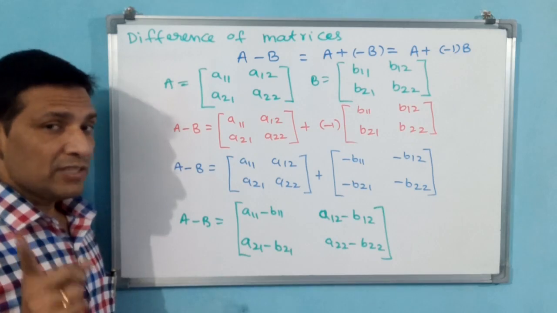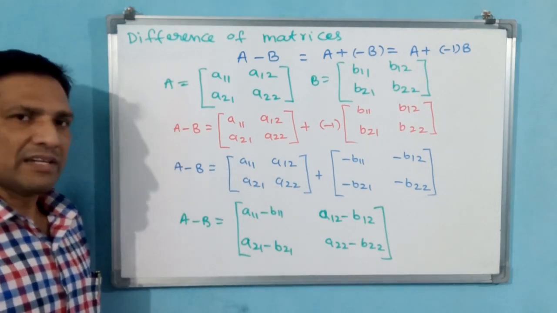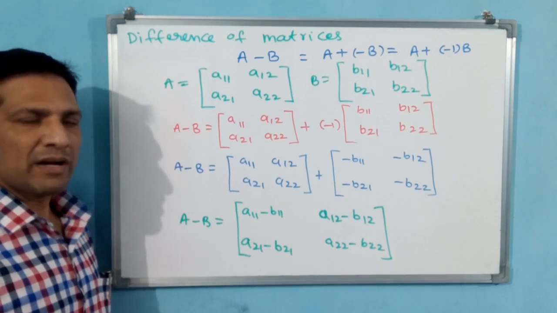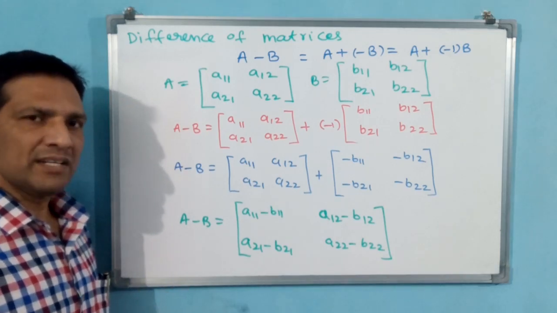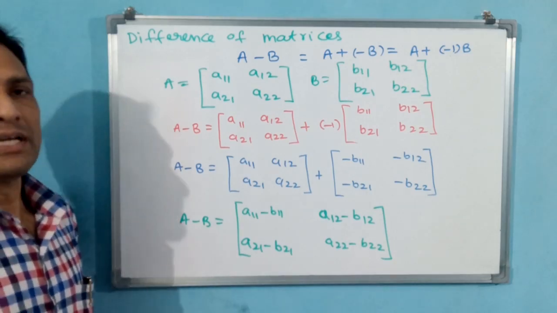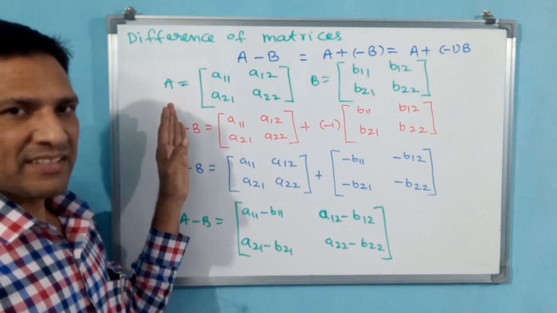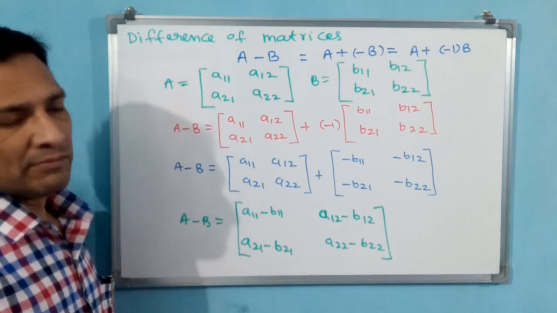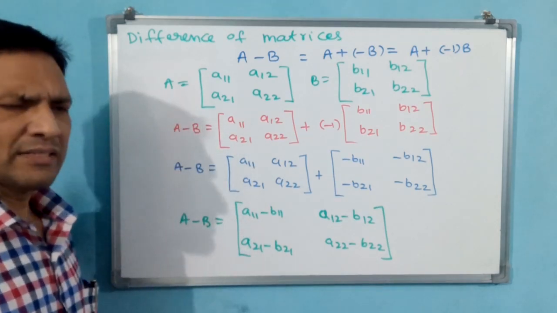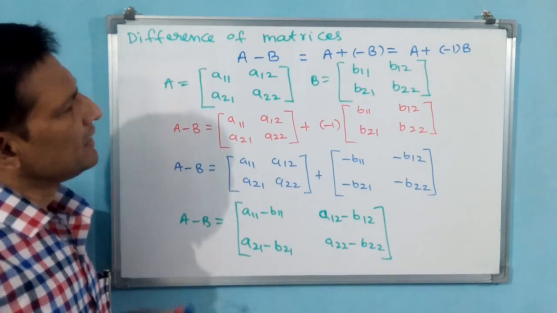See, but logically, if you think, A minus B is not equal to B minus A. 3 minus 2 is equal to 1, but 2 minus 3 is minus 1. Minus 1 and plus 1 are not equal. That is why subtraction or difference of matrices is not commutative. Okay, those properties we are not required to study. That is why we don't study.